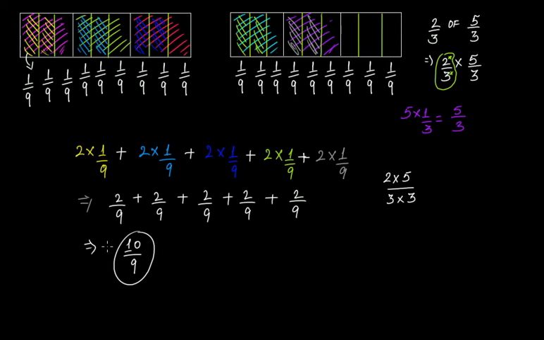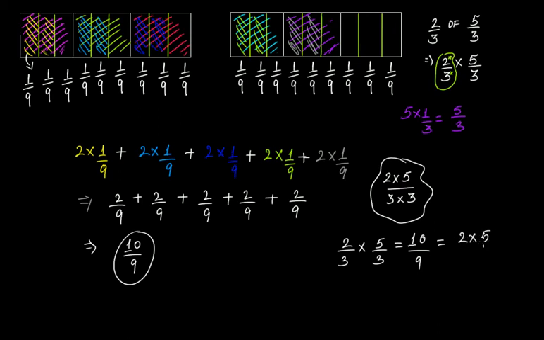It means that 2 by 3 times 5 by 3 is equal to the fraction represented here, 10 by 9. That is what was equal to 2 times 5 over 3 times 3.